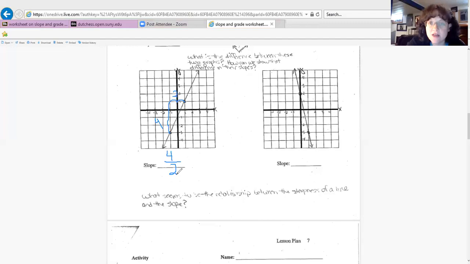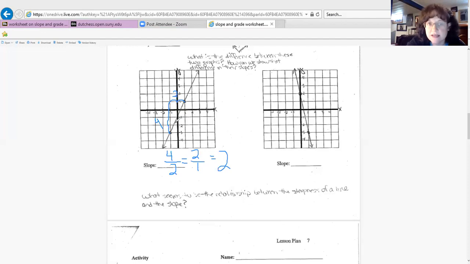But I can simplify this. 4 divided by 2 is the same thing as 2/1, or just 2 if you wanted to get it to be a whole number. But let's look at it as 2/1. This way we can still see rise over run. This means I can also go up 2 and to the right 1, and that's the same movement.